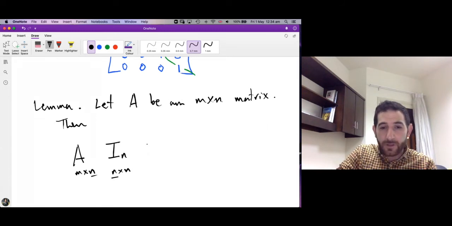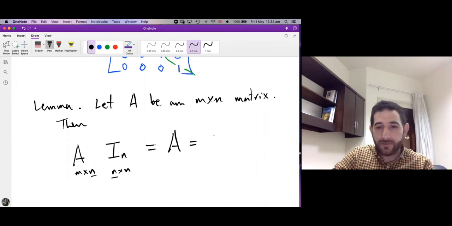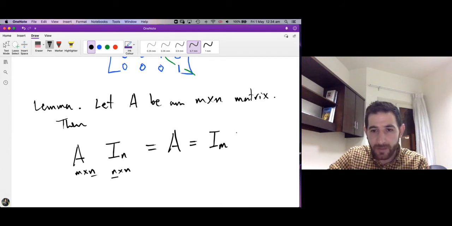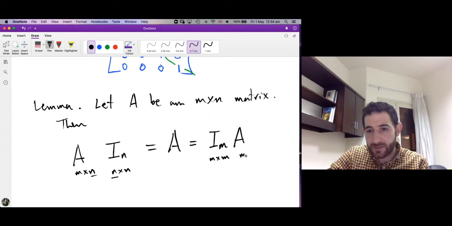So we get A. And if you multiply it from the left, you need to multiply it by Im, the identity matrix of dimension m by m, and here you multiply it by A. Okay, this has dimension m by m, and this is dimension m by n.